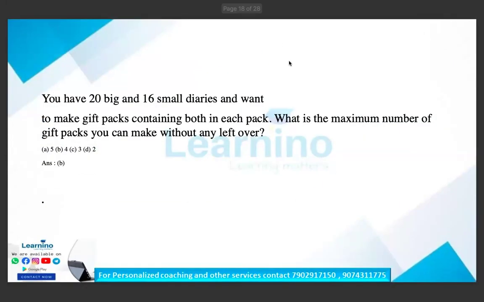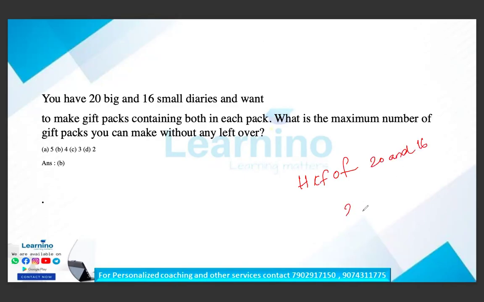You have 20 big and 16 small diaries and want to make gift packs containing both in each pack. What is the maximum number of gift bags you can make without any leftover? The maximum number of gift bags will be the HCF of 20 and 16.